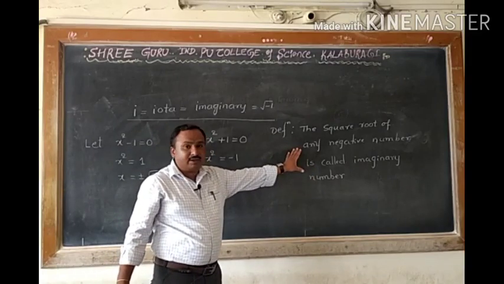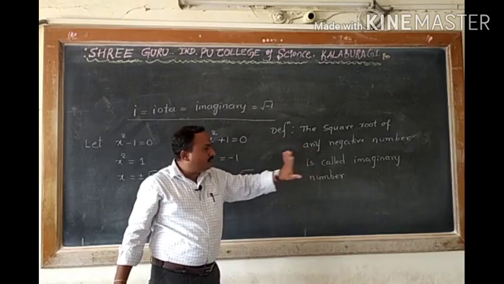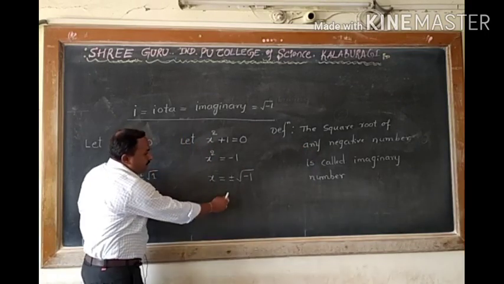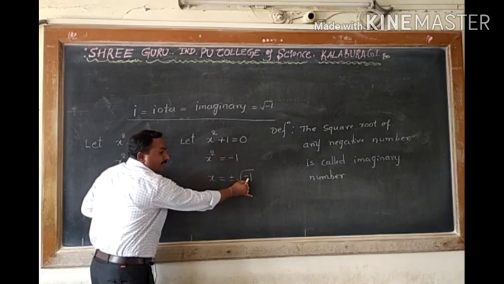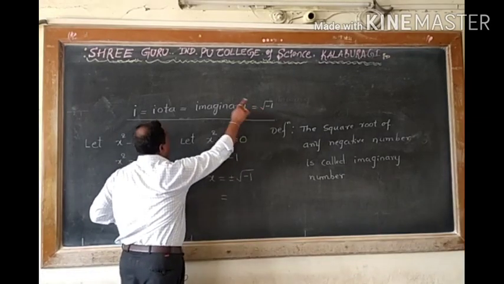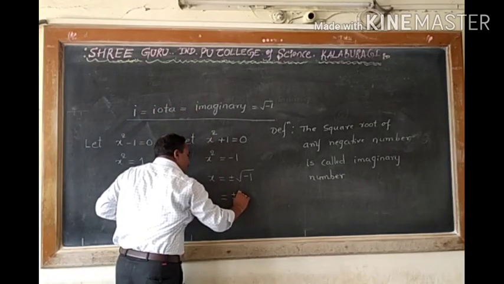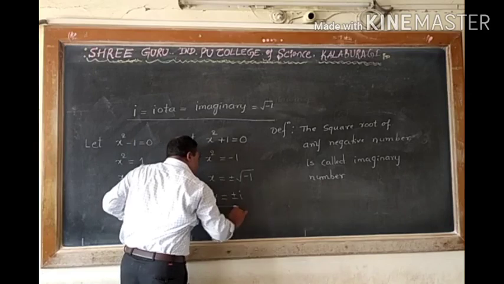That is the definition of iota. The square root of any negative number is called an imaginary number. Square root of -1 is what? I. Plus or minus i. That is the x value.